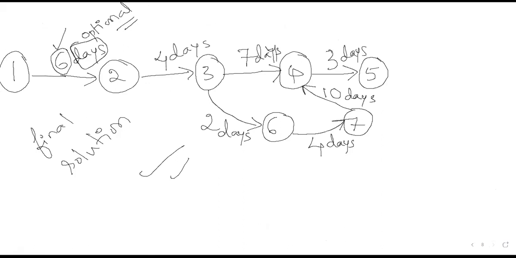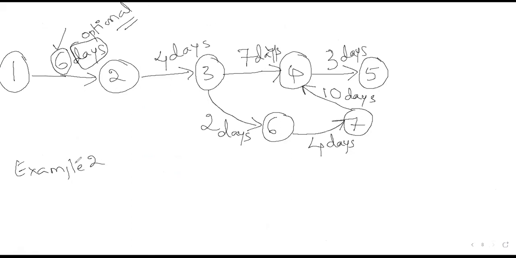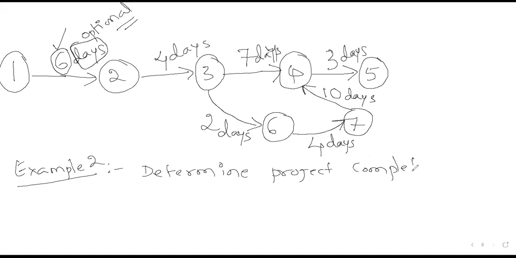Now, the question statement is only to draw the network diagram, right? Let us consider the second example. The second example is that we have to determine the project completion duration. So write Example 2: determine project completion duration.